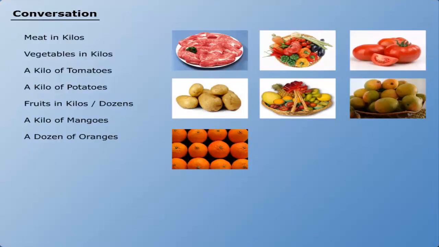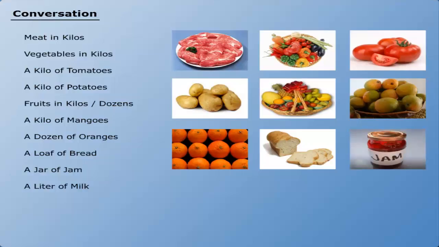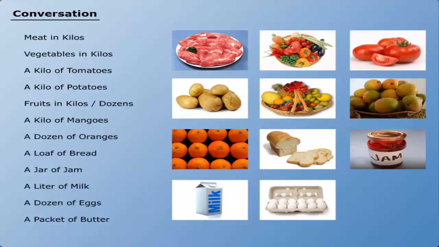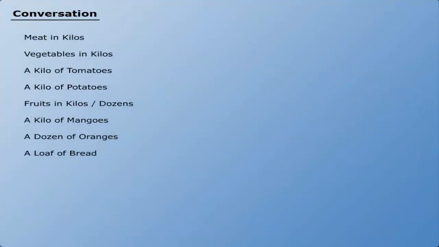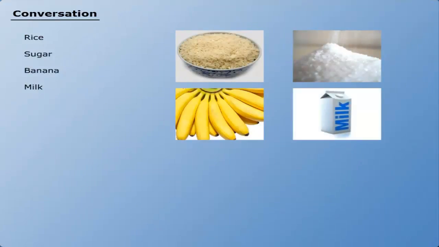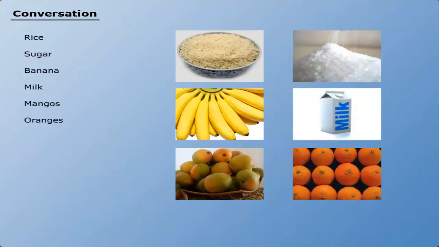We buy a loaf of bread, a jar of jam, a liter of milk, a dozen of eggs, a packet of butter. We buy these items in certain quantities: rice, sugar, banana, milk, mangoes, and oranges.